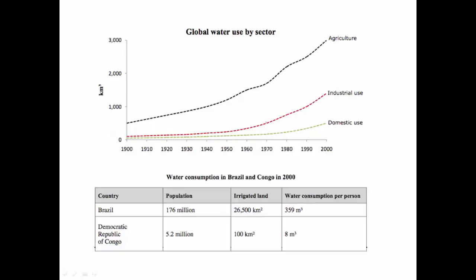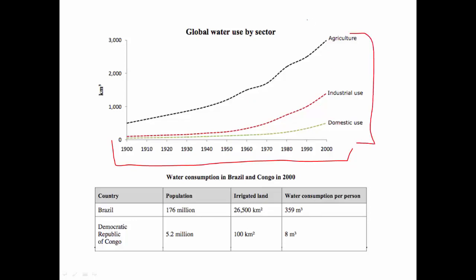Now here we're going to look at when we have two different graphs. So here we have a line graph and here we have a table. If we look at the line graph, it's over time, so it's over 100 years. And we can see that agriculture went up, industrial use went up, and domestic use went up. Agriculture obviously goes up a lot more than industrial and domestic, but that's three things about one graph.